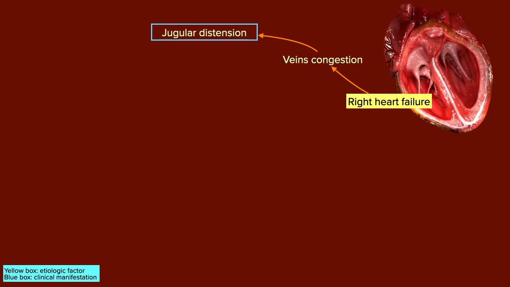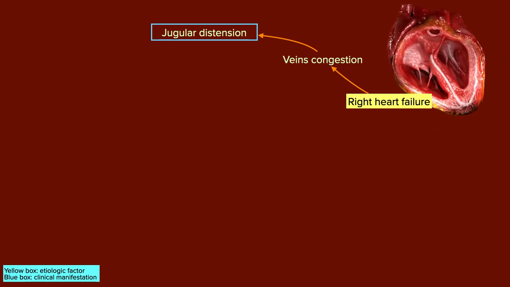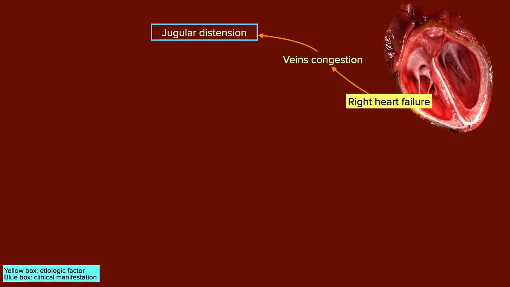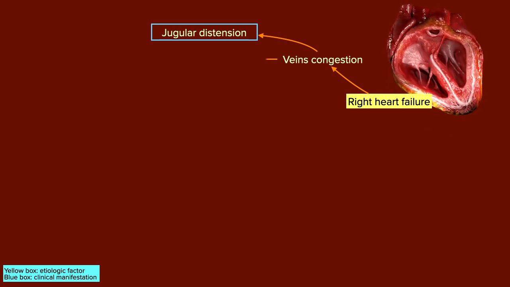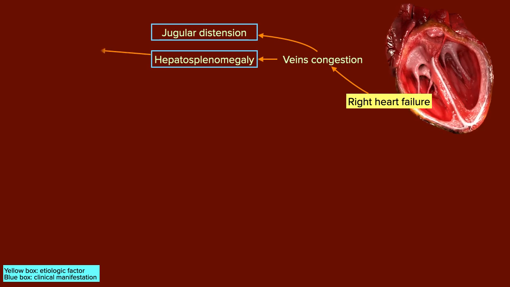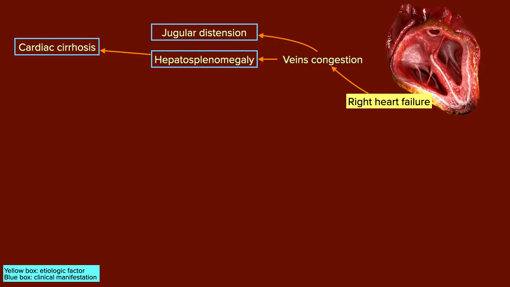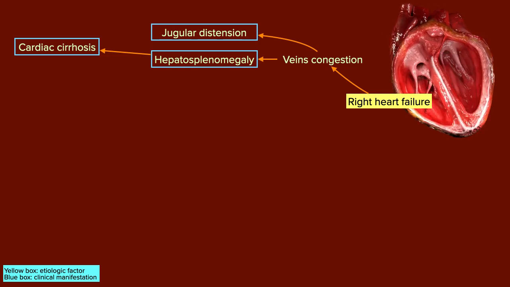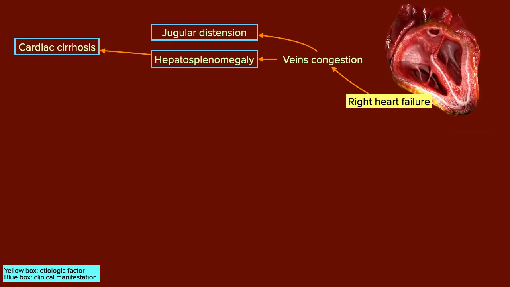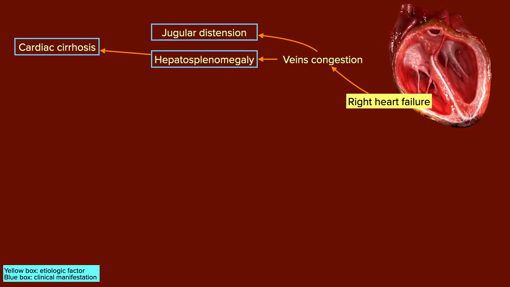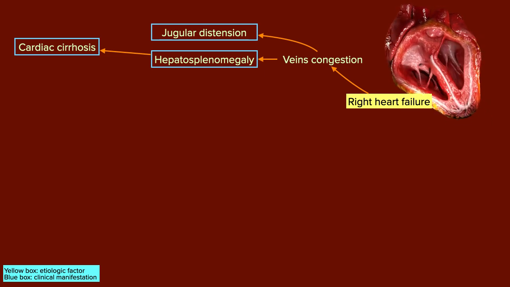Also in the body, when blood backs up to the liver and the spleen, fluid can move into the interstitial spaces within those organs and they can become large, and this is called hepatosplenomegaly, which can be painful. And if the liver is congested for long periods of time, patients may eventually develop cirrhosis and liver failure, which would be called cardiac cirrhosis.